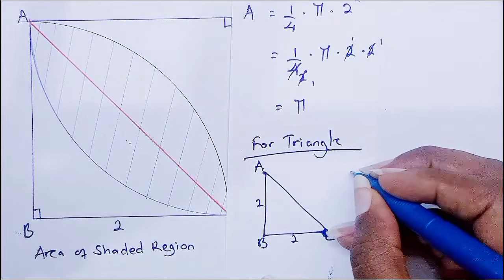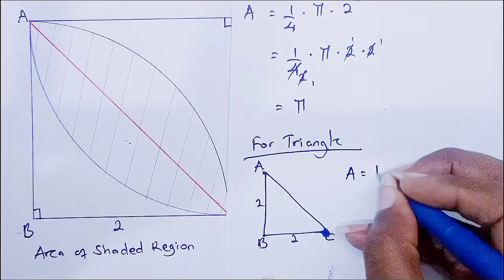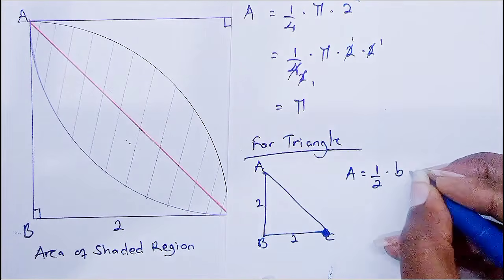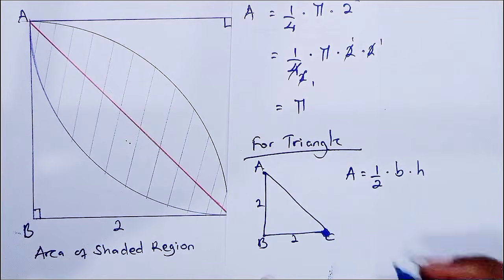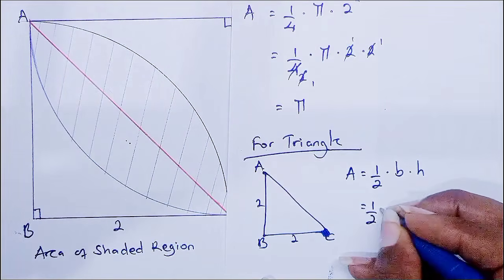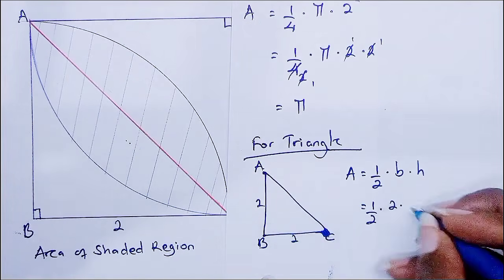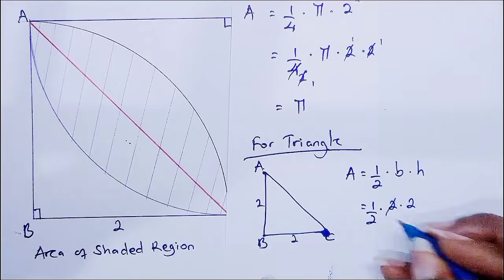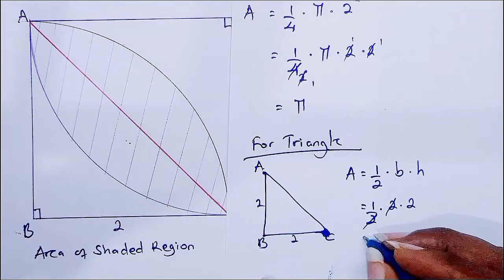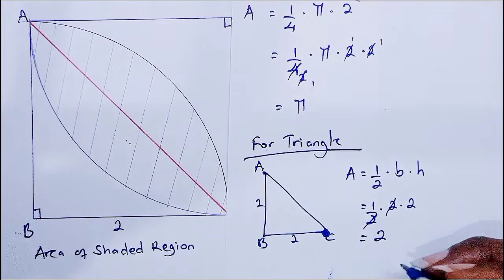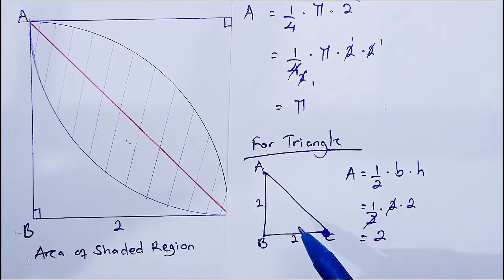So area of this one is a half times base times height. Therefore, area will be equal to a half times the base, which is 2, and the height, which is 2. So this cancels with this, and area is 2 square units for this triangle.